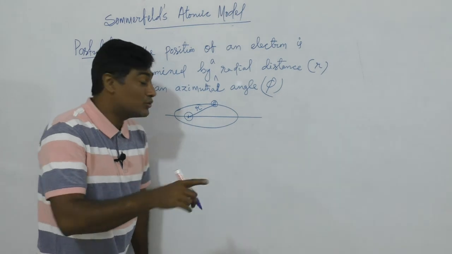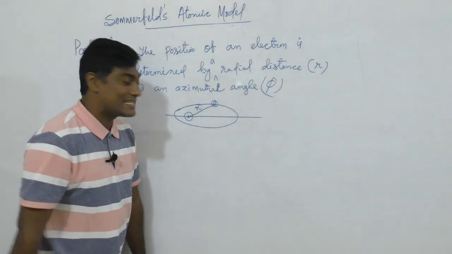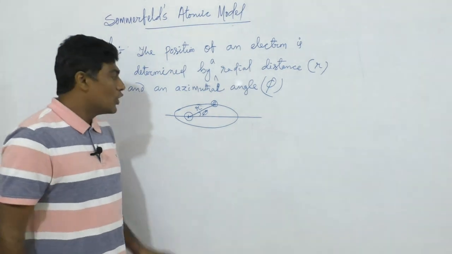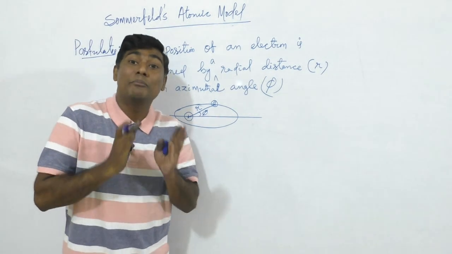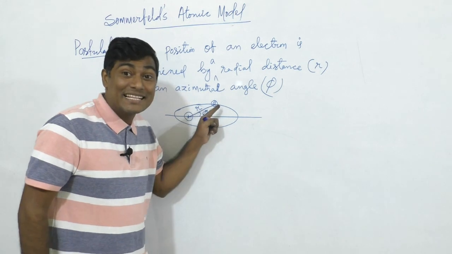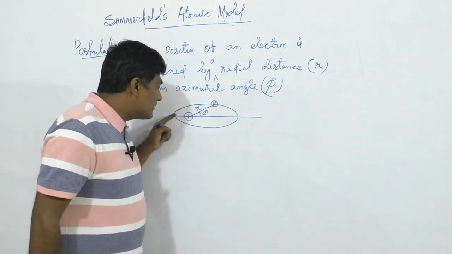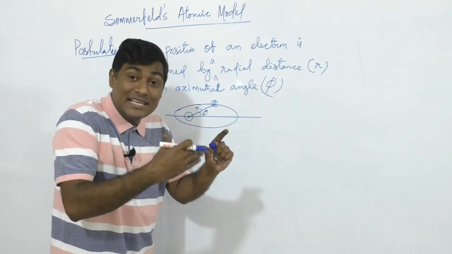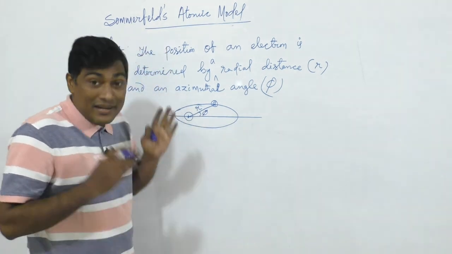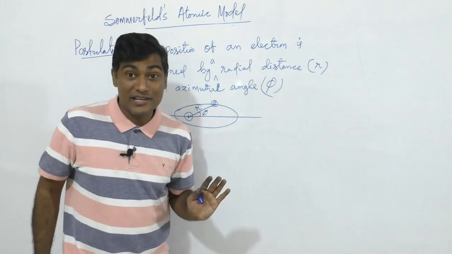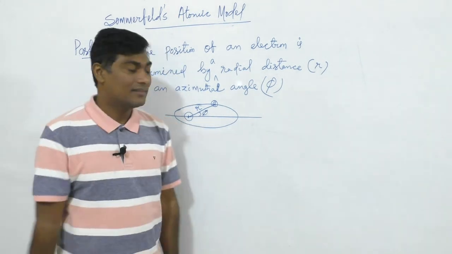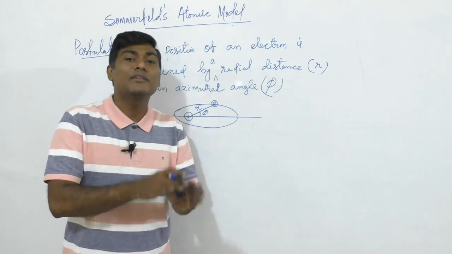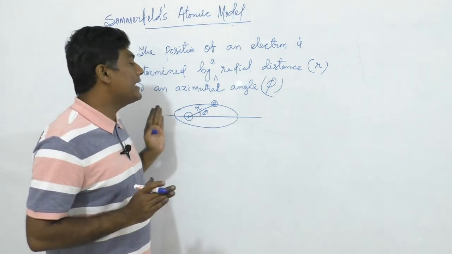The angle between the major axis and the radial distance is called phi, means azimuthal angle. When you know the radial distance r and the angle phi made by this distance with the major axis, then by using r and phi you can determine the position of an electron in an elliptical path.